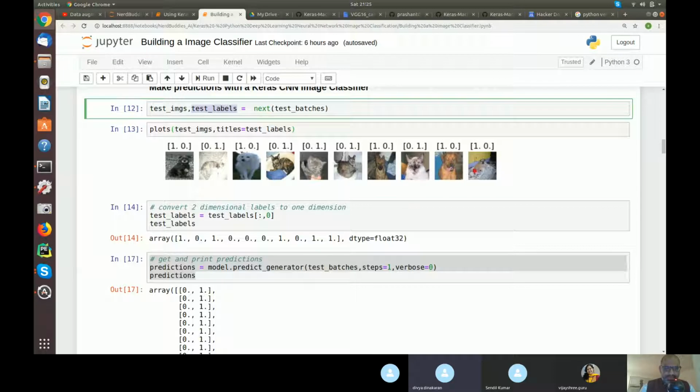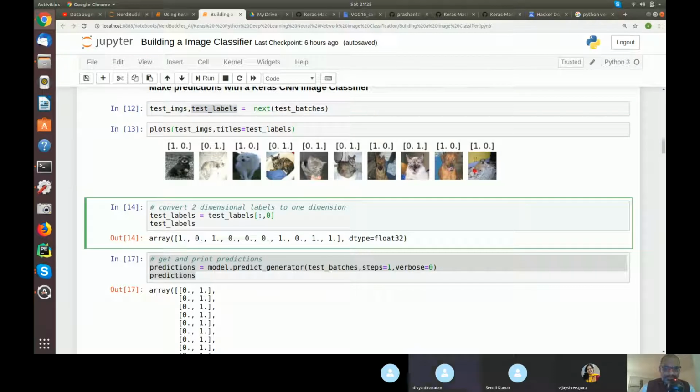So all it's doing is it's saying take all the values and only pick the 0th column. So that converts this vector of 1 and 0 each to just one number, where 1 now stands for dog and 0 stands for cat.